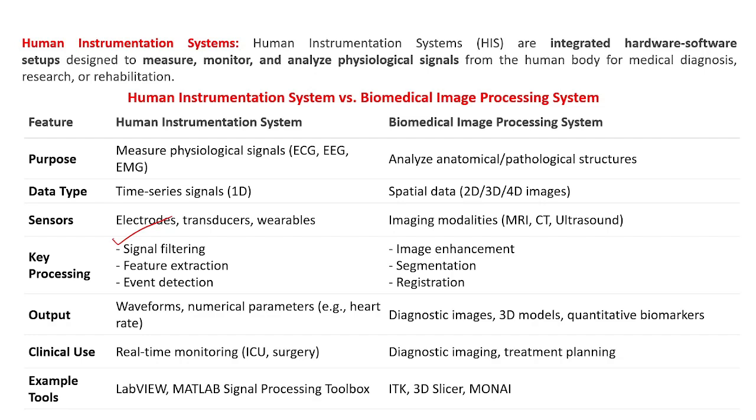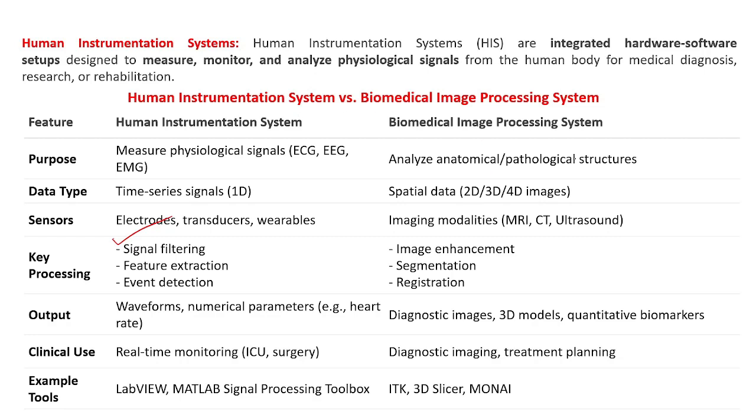The output is numerical parameters like heart rate, etc. Clinical use is real-time monitoring systems like ICU and surgery. We use ECG or EEG and several types of signals from our body. Examples are LabVIEW and MATLAB signal processing tools, so we can process several types of signals in the human instrumentation system.